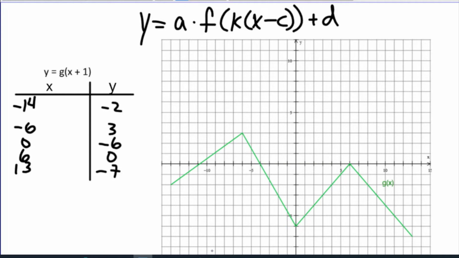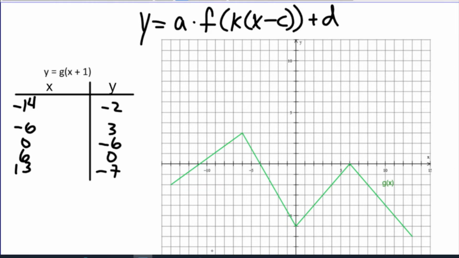And this is what I was talking about as to, would you be able to choose the correct x values to plot these points, knowing that the graph is now going to be moving in a horizontal direction.